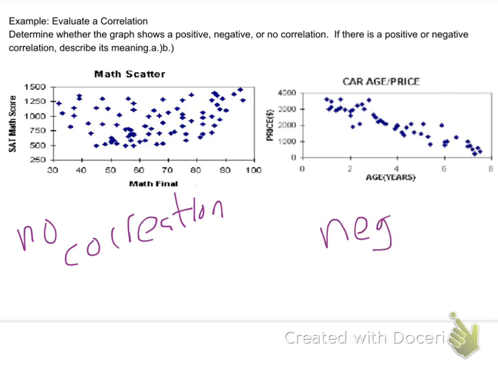That is a negative correlation. And it says explain what your meaning is: as a car gets older, it loses value. That is a negative correlation. Years are getting bigger, cost or value is going down. So that's pretty simple, right? The idea that you have to talk about, is it a positive, negative, or no correlation.